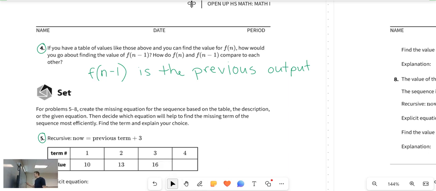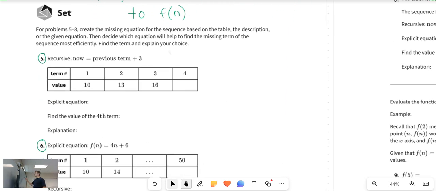All right. So f of n minus 1 is the previous output. We'll finish that up by saying the previous output to f of n. Excellent. All right, moving on.